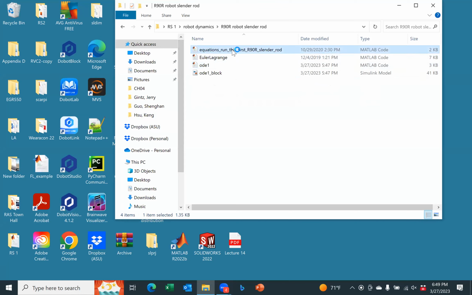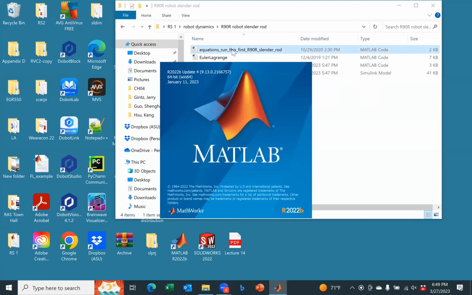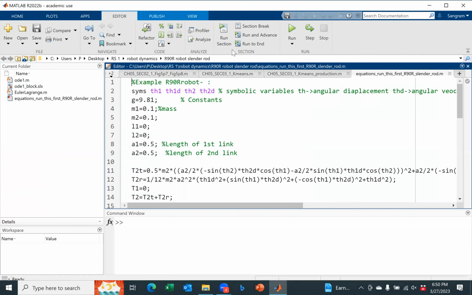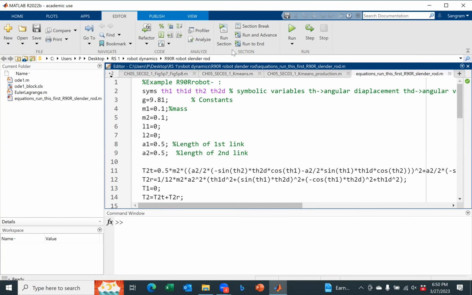So what I want you to do is, if you have downloaded the robot dynamics, this is the R90R robot, and in this R90R robot, we have G equal to 9.81, M1 equal to 0.1, M2 equal to 0.1.